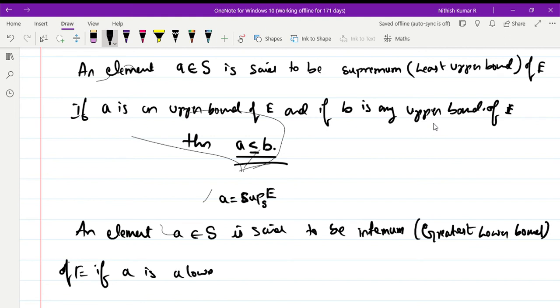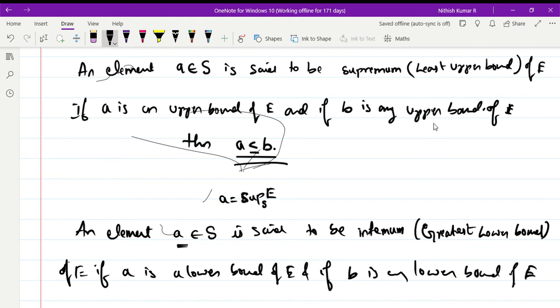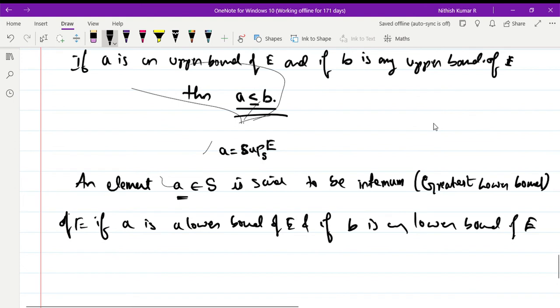First of all, A must be a lower bound of E, and if B is any lower bound of E, then B must be less than or equal to A.